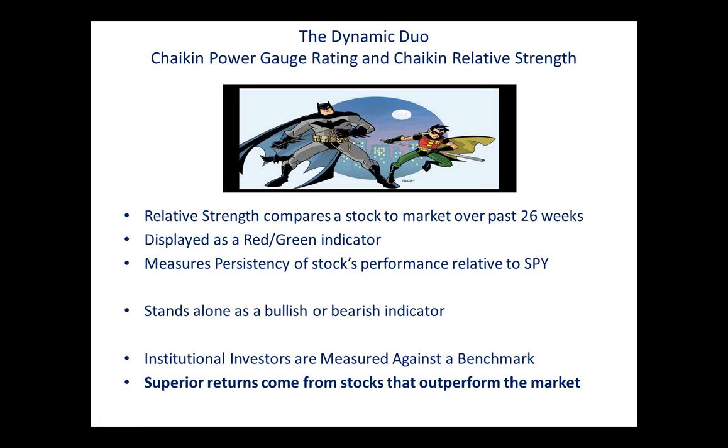We agree. One of the reasons is simply that institutional investors, the big fund managers that really drive our markets, are all measured against the benchmark. Right? It's not about how did you do in terms of raw performance. It's about how did you do relative to the benchmark and, by definition, your competition. Superior returns, by definition, come out of stocks that outperform the market. That's a must-have.